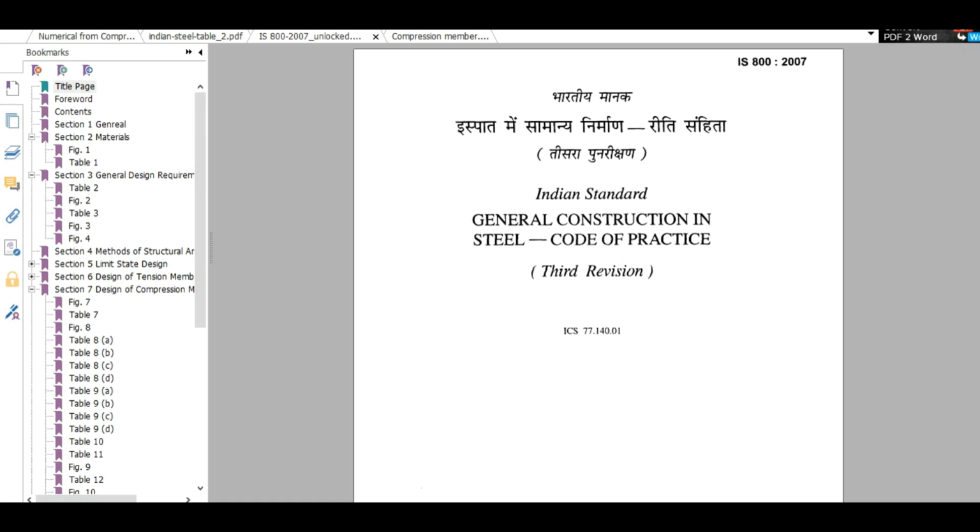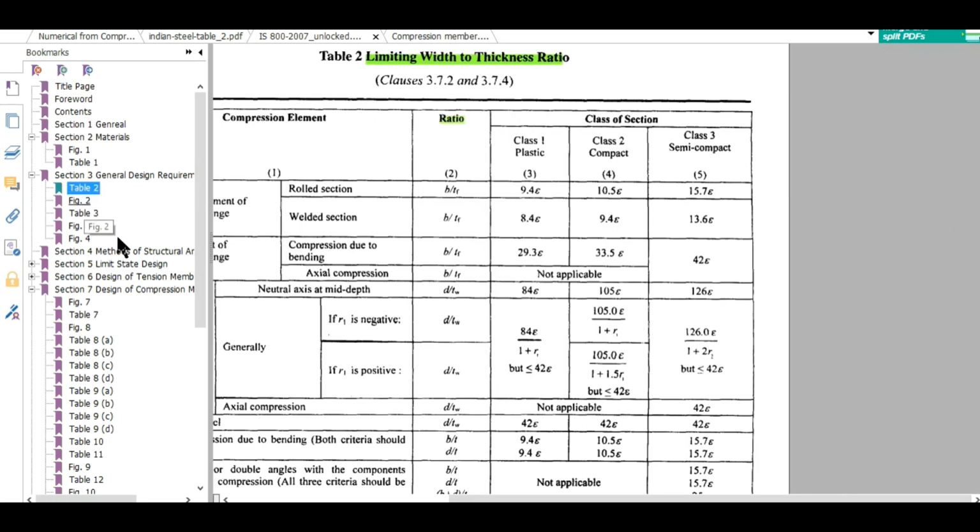So depending on this limiting width by thickness, the failure behavior will be different for different classes of sections. Now we can get this idea from Table 2 of Indian Standard Code IS 800. So let us go to Table 2.